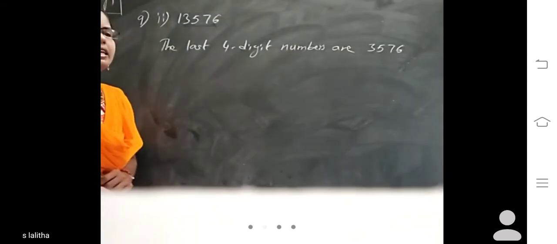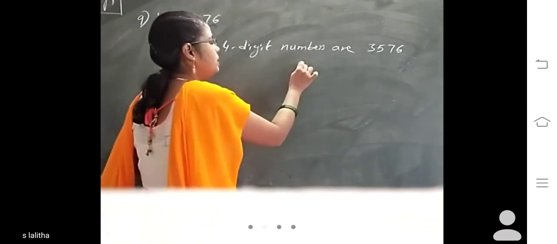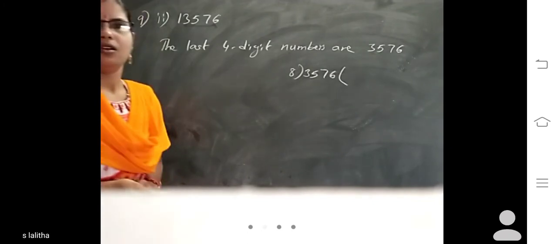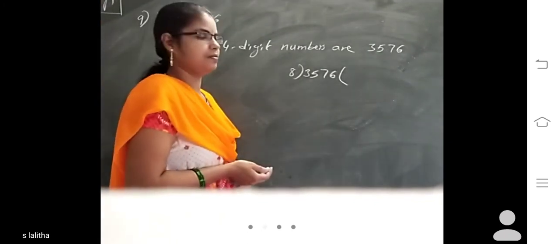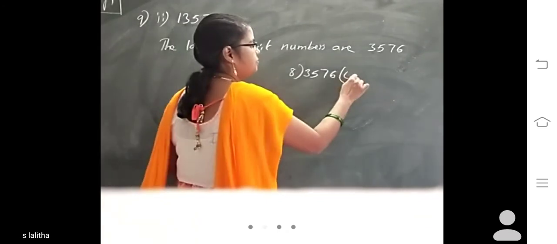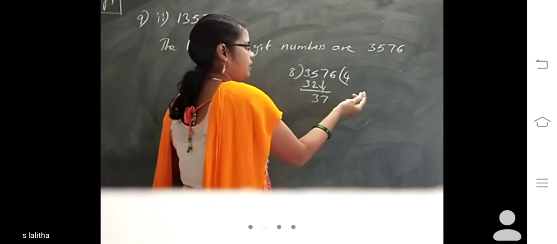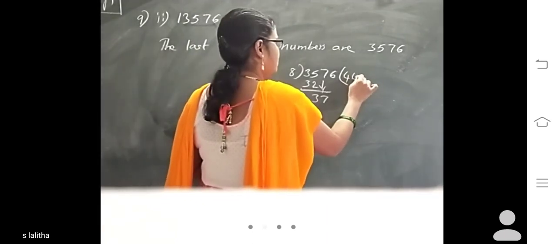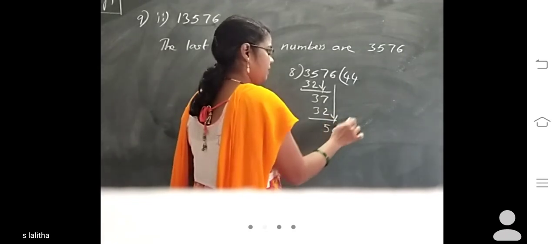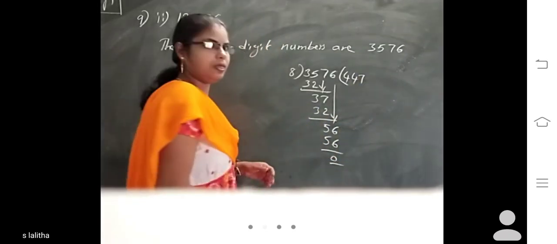Is it divisible by 8 or not? How many times? 8 fours are 32. So 3 is the remainder, bring down 7. Again 8 fours are 32. 7 minus 2 is 5. Bring down 6. 8 sevens are 56. The remainder will be 0 now, so it is divisible by 8.